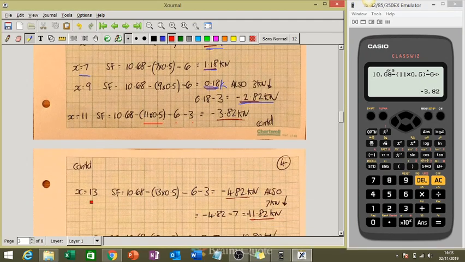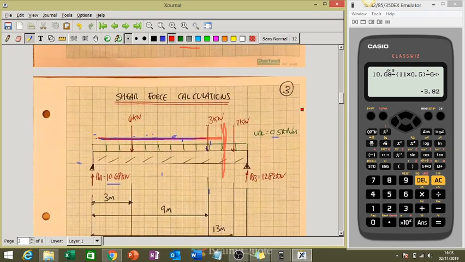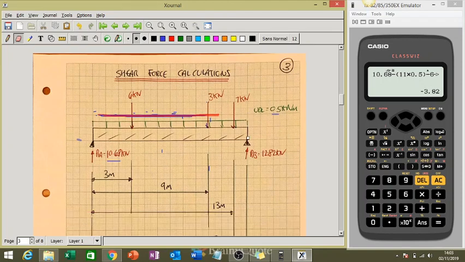And now I've gone to x equals 13. At x equals 13 as before, I've got another point load kicking in. So we're going to have 2 points. So let's get rid of that. At x equals 13, I've got all of this because I'm at x equals 13 now.